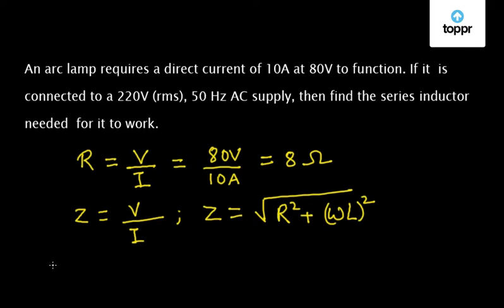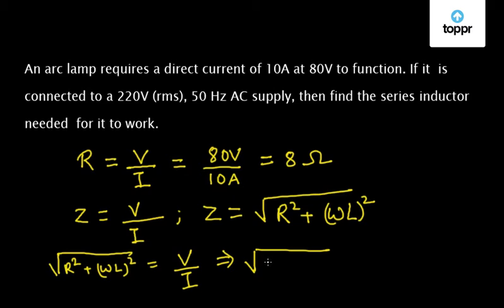So we will get root over R square plus omega L whole square equal to V upon I. So this implies that if we substitute all the values we know from the question, then we will get root over R, which we have calculated here as 8 ohm, so 8 square plus omega, which is 2 pi into the frequency, and the frequency is 50 Hz, so 2 pi into 50 into L, we have to find out the inductance, whole square, and this is equal to V RMS by I RMS.